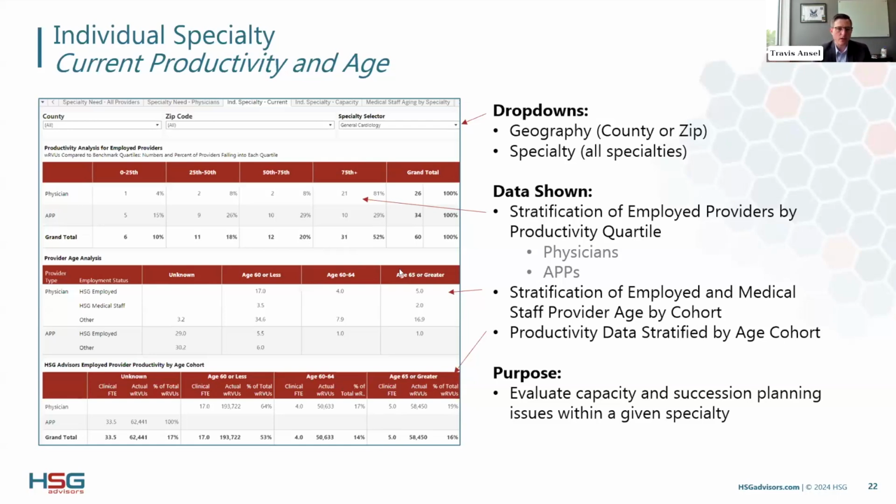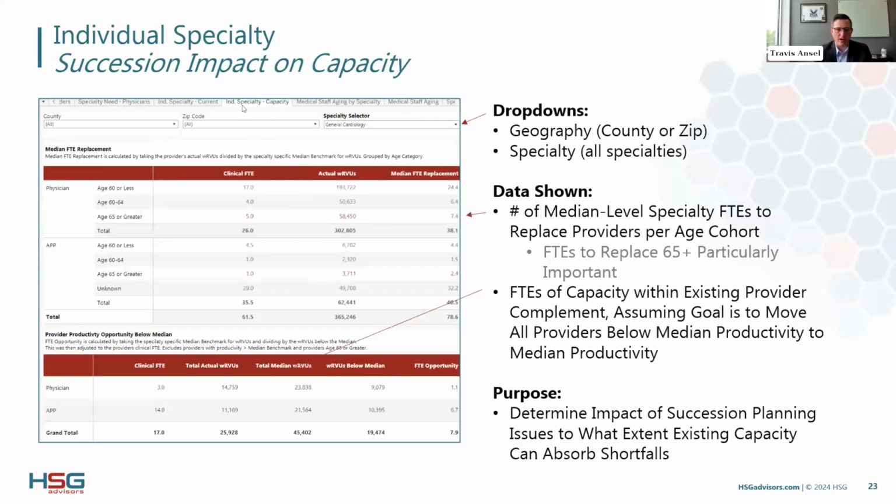And so if we then click over to the capacity sheet, right next to it, this takes that same data and says, okay, we have 17 providers under 60 producing this many work RVUs. If we had to replace them all tomorrow, what would that take in terms of median level FTE providers?